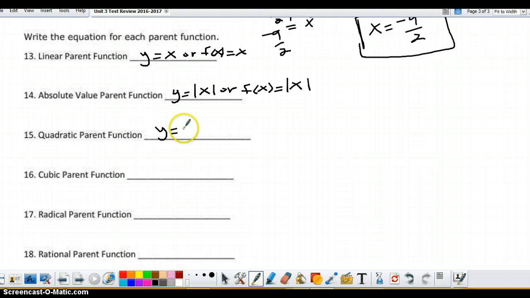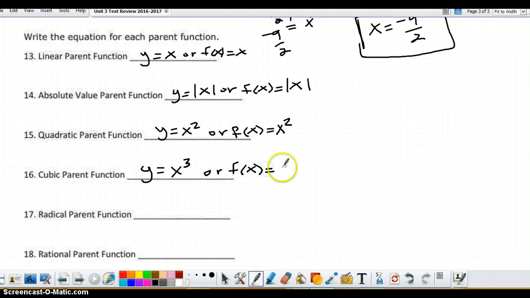Quadratic is y equals x squared, or f of x equals x squared. Whoops, x squared. Cubic is y equals x cubed, or f of x equals x cubed.